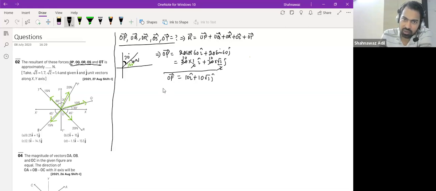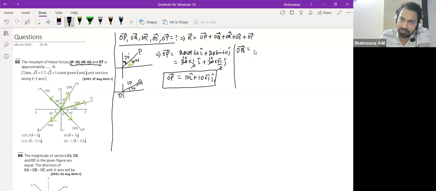And then we need to also calculate the OQ vector. For OQ we have magnitude 10 and this angle is 30 degrees. So this would be 10 cos 30 i hat plus 10 sin 30 j hat.